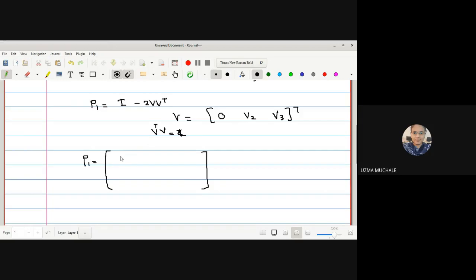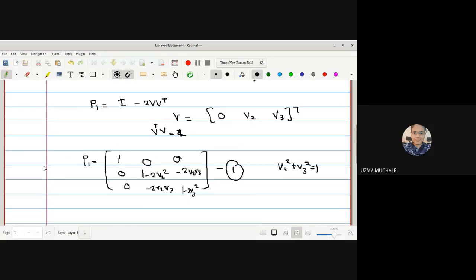Right? Let us take P1 as 1, 0, 0; 0, 1 minus 2 V2 square, minus 2 V2 V3; 0, minus 2 V2 V3, 1 minus 2 V3 square, on the condition V2 square plus V3 square is equal to 1, which is say equation 1.